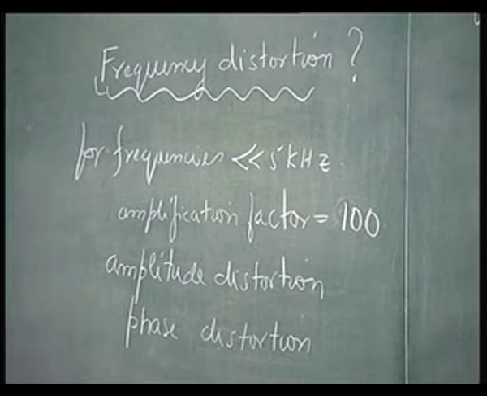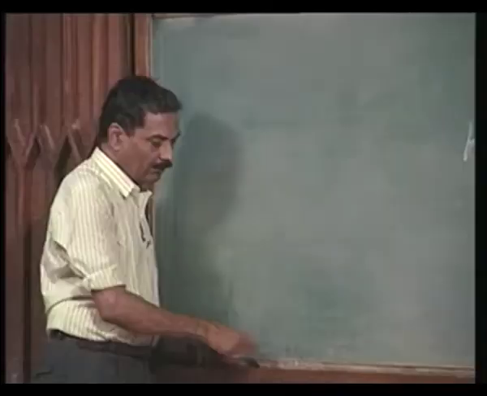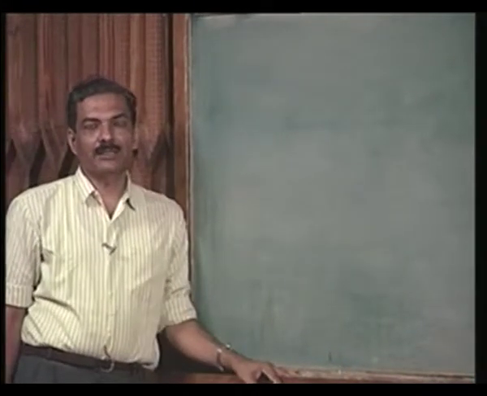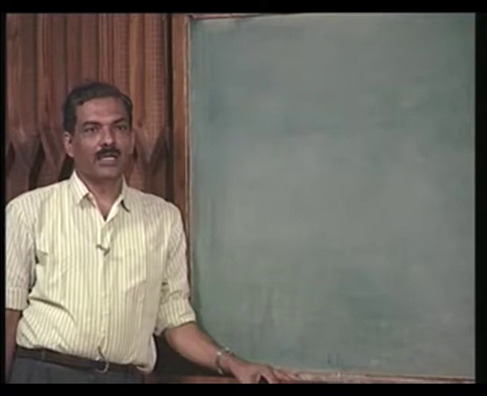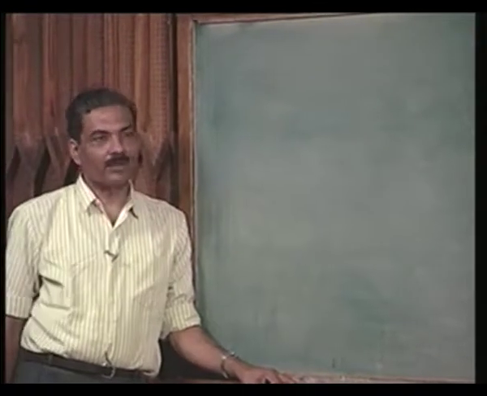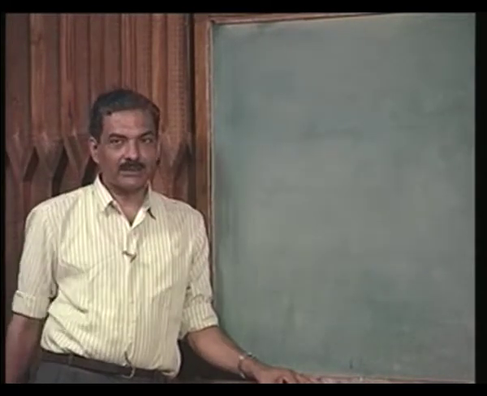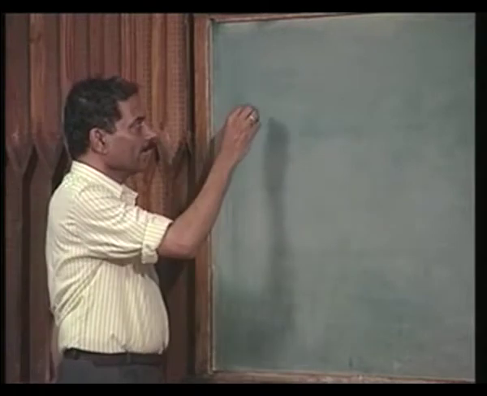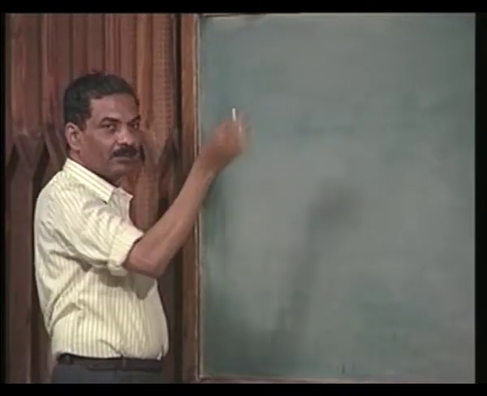Apart from this, we have some other aspect that we have to touch upon as far as amplifier performance is concerned. This is different from what we have been discussing so far. What is this? Consider an amplifier. An amplifier is a block.